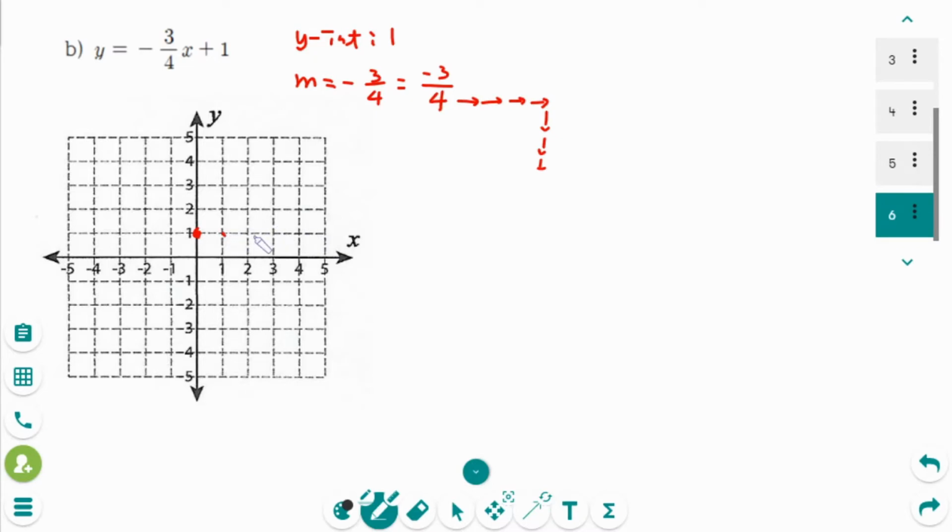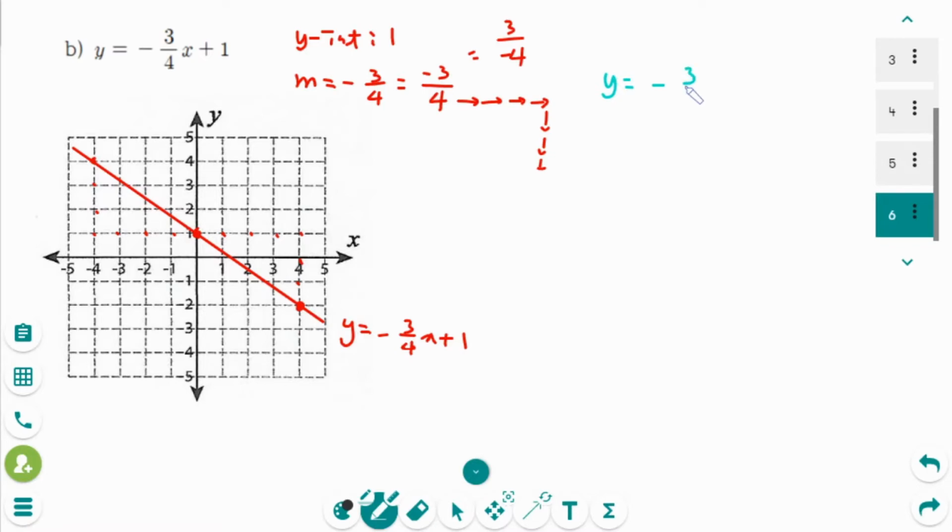So 1, 2, 3, 4, and 3 down, the point here, or sometimes 3 over minus 4, then 4 to the left, and 3 up, like this. And then connect the point. This one is y equals minus 3 over 4x plus 1.